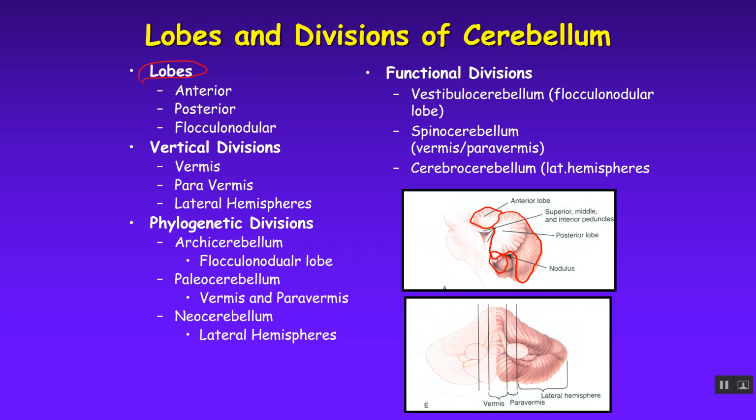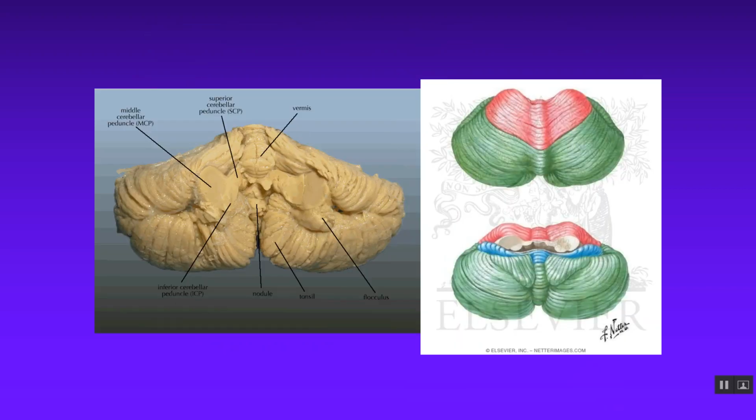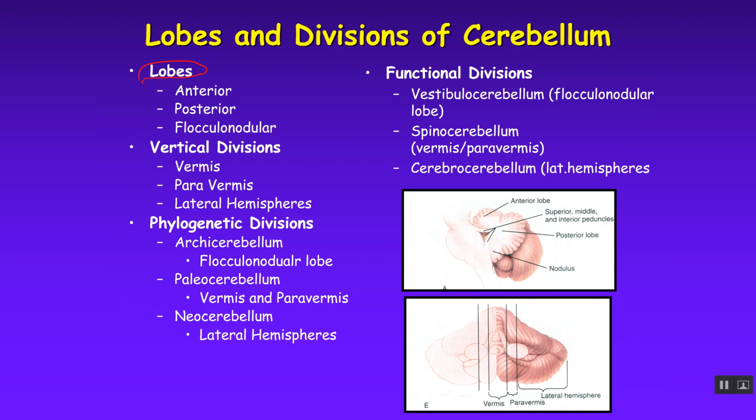If you look from this standpoint, from the front, I think I have better pictures here. I'll do it on that. Then we can also divide the cerebellum into vertical divisions. If you look at the front or the back of the cerebellum, you can divide it into these vertical divisions, okay? The vermis is the most middle.